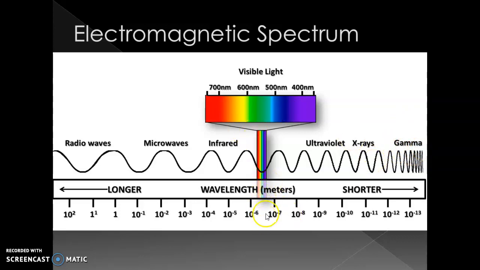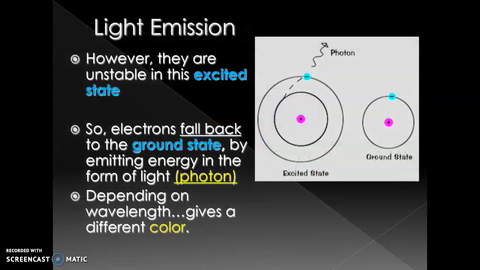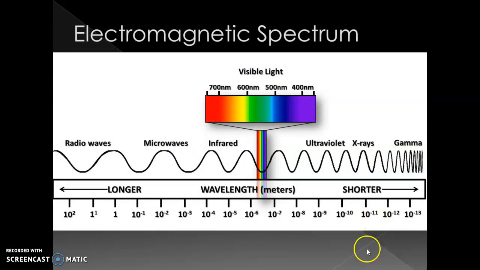The section of light that we can see is called visible light. You've heard of the colors of the rainbow, Roy G. Biv: red, orange, yellow, green, blue, indigo, and violet. If the photon of light coming from these atoms, in the case of the flame test, is in a wavelength that we can see, it will come as a specific color.